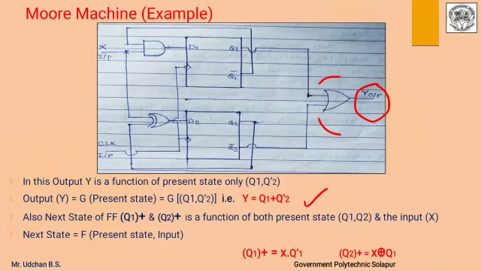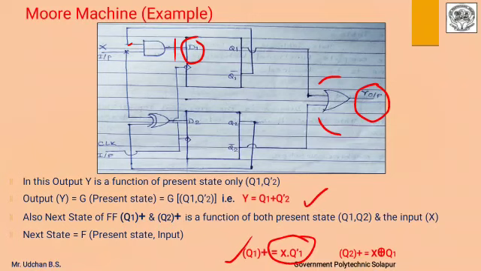Again the next state q1 plus is nothing but d1. The d1 is the output of this AND gate, which has two inputs, one is q1 bar, another is x. So q1 plus can be written as x into q1 bar.